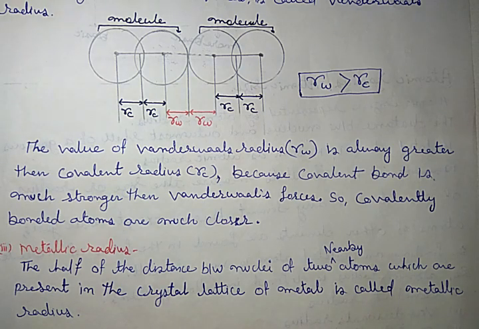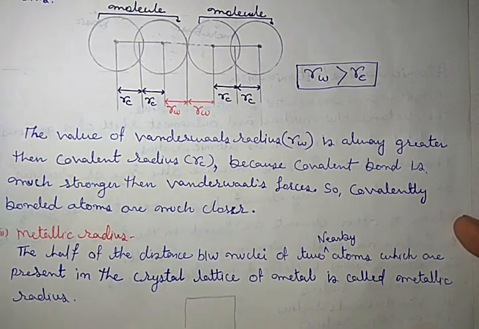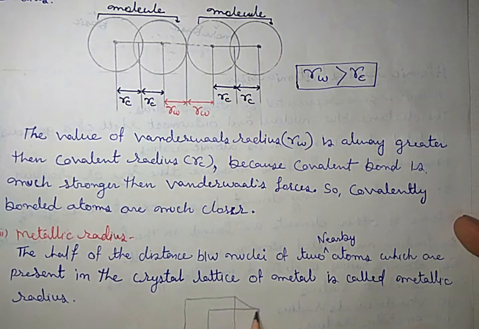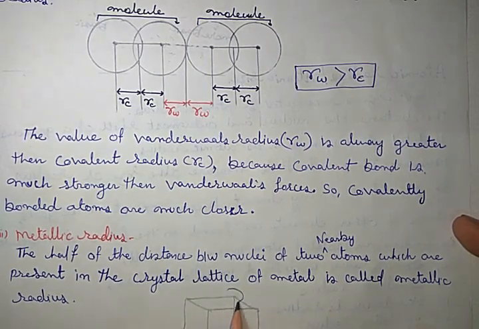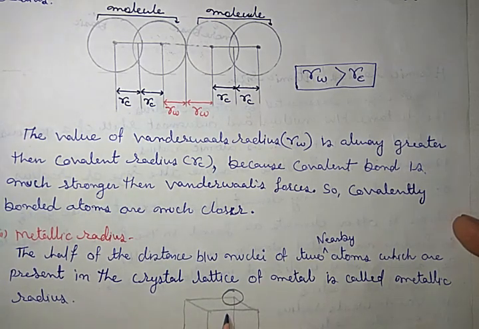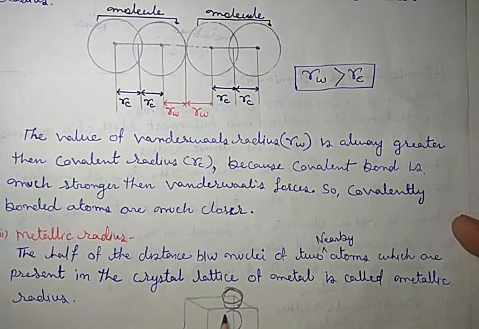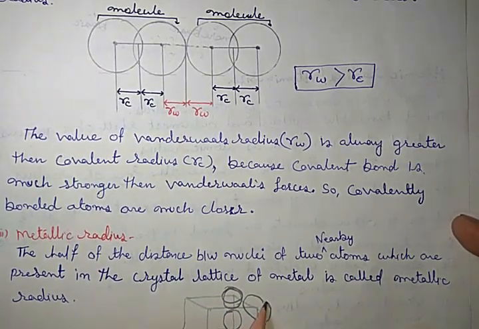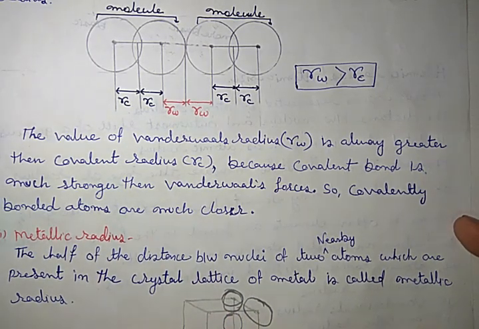For example, that is a cuboidal crystal. Here is one atom, here is one atom, and that is another atom. Similarly, that is one atom, and that is another atom. Clear? So atoms are arranged in the crystal lattice in a definite pattern.